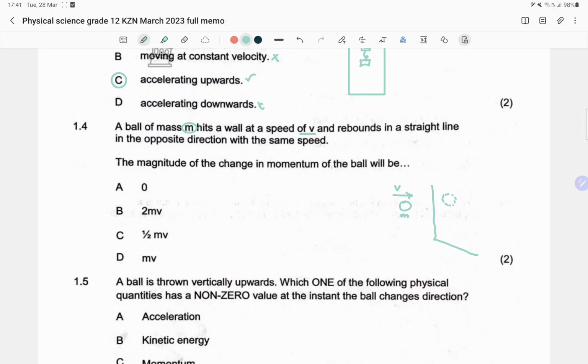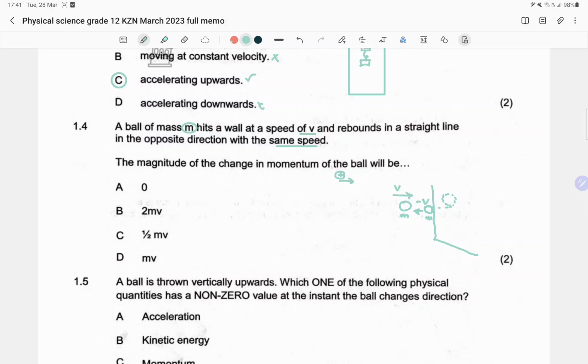So the ball now is on the way back after hitting there. It is still mass m, in a straight line in the opposite direction with the same speed. So we still have v, but if we choose to the right as positive, to the left is going to be negative, isn't it?